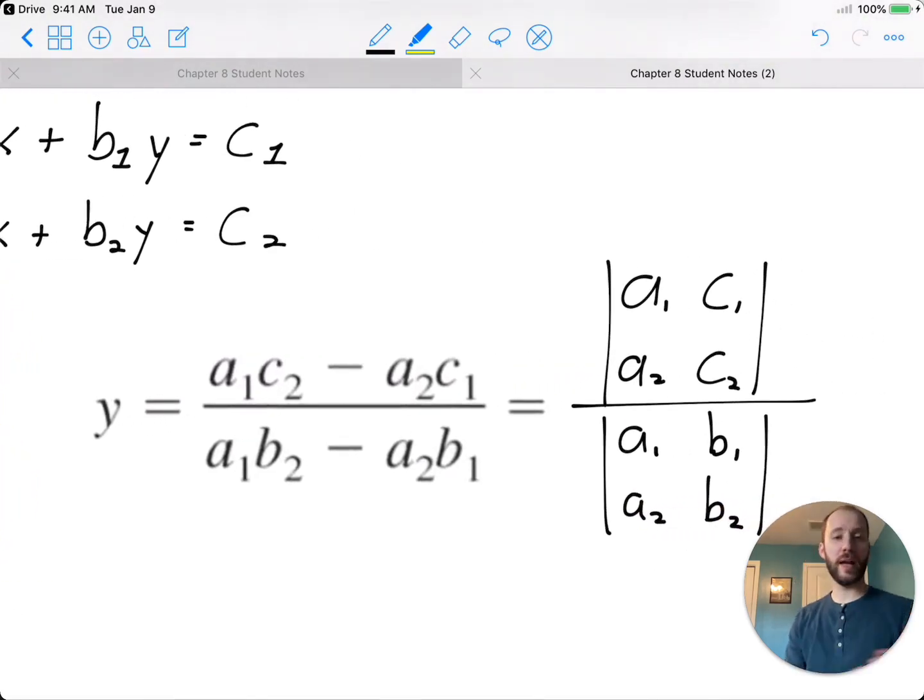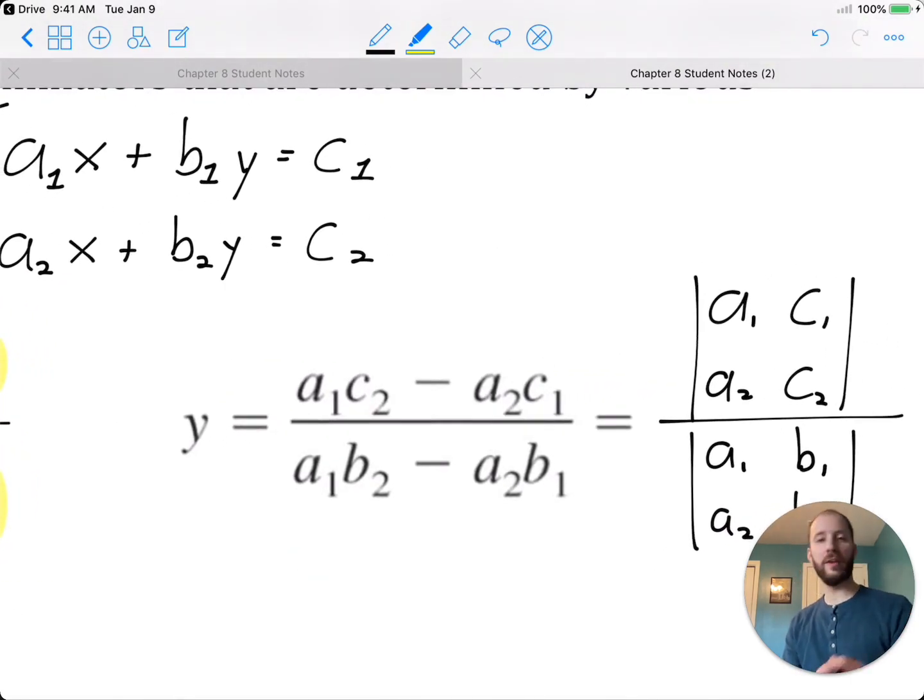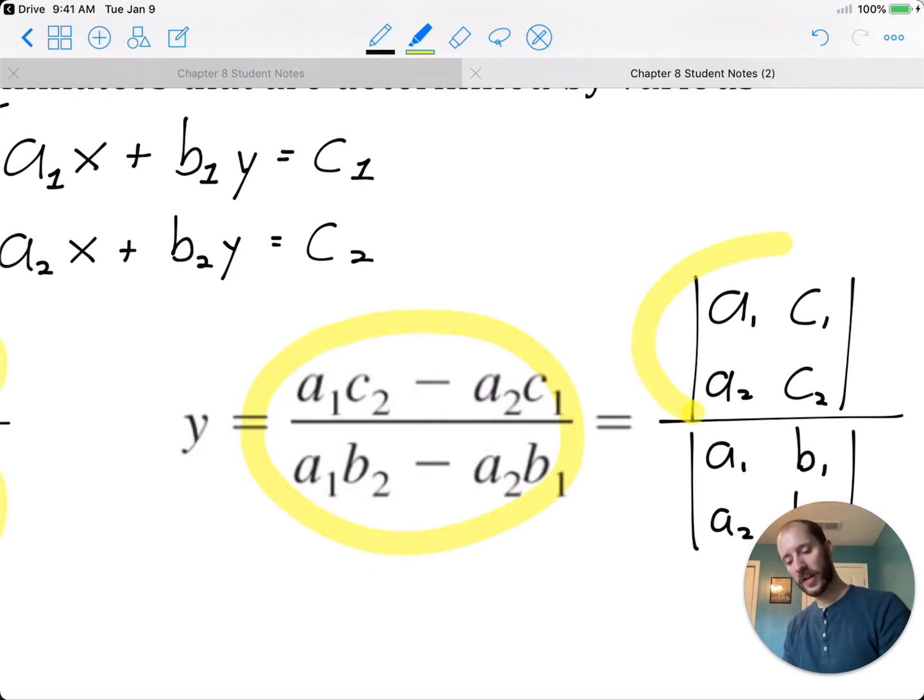To find the y value, you create the same kind of fraction. The numerator is the determinant if you replace the y column, B sub 1, B sub 2, with the constant column, C sub 1, C sub 2.